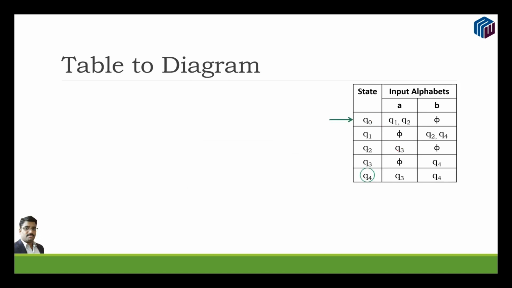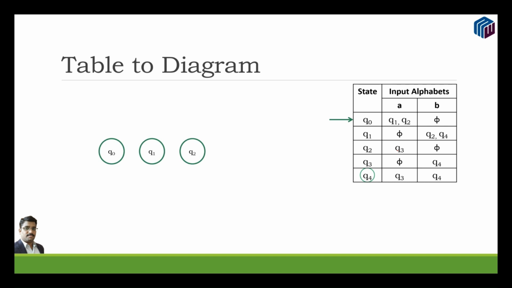Now we will see how to go from a transition table to a transition diagram. Here we consider the NFA table, and from it we are going to draw the transition diagram or state diagram. Initially, Q0 is the starting state, so we have the states Q0, Q1, Q2, Q3 and Q4.